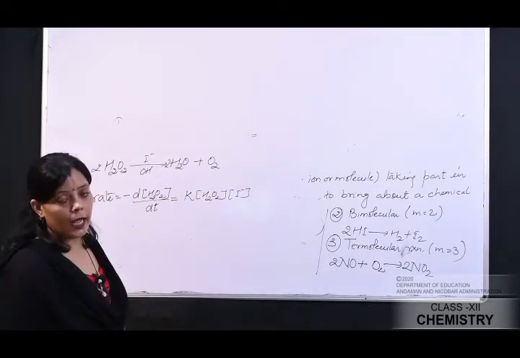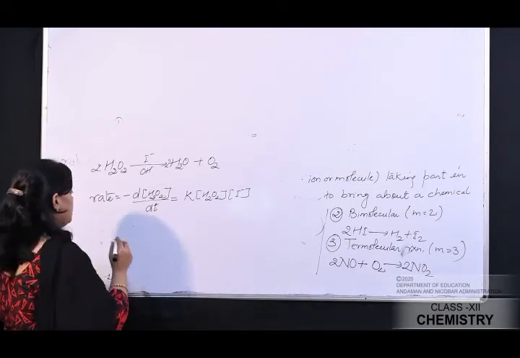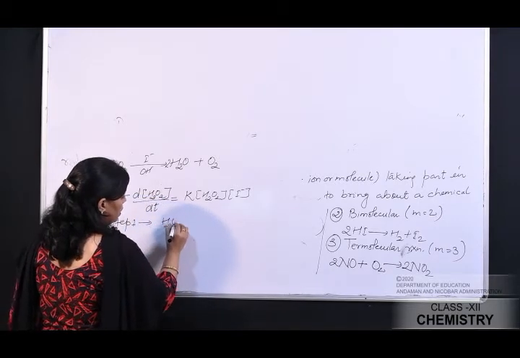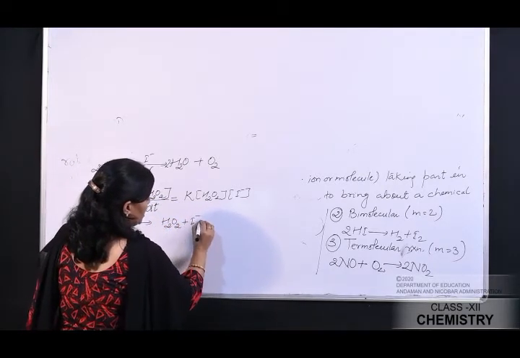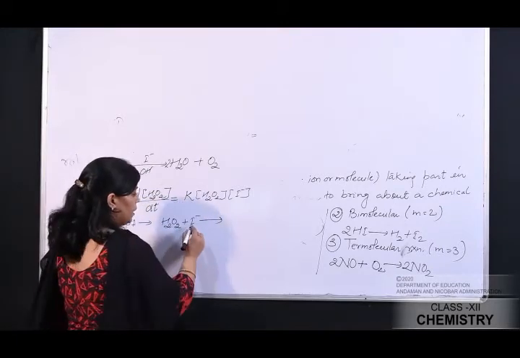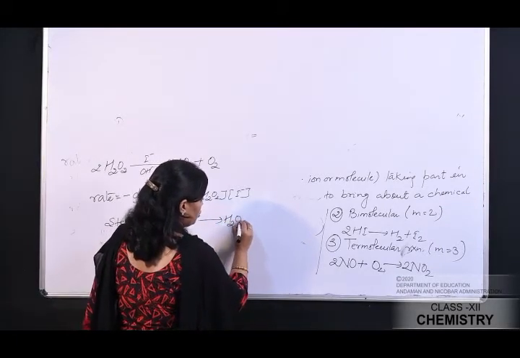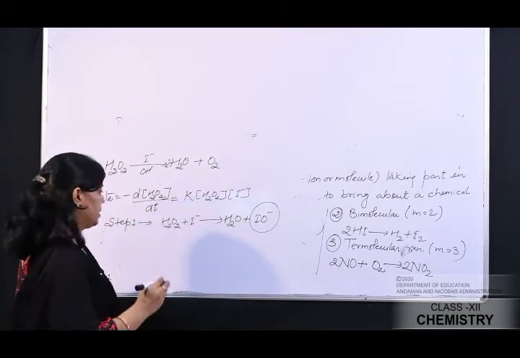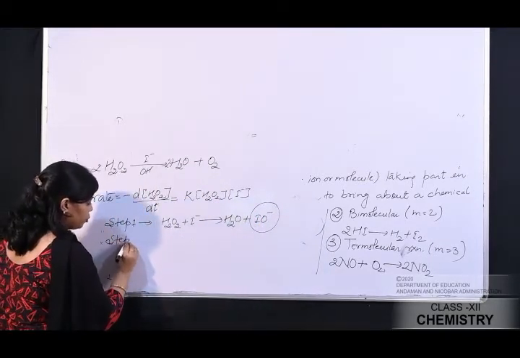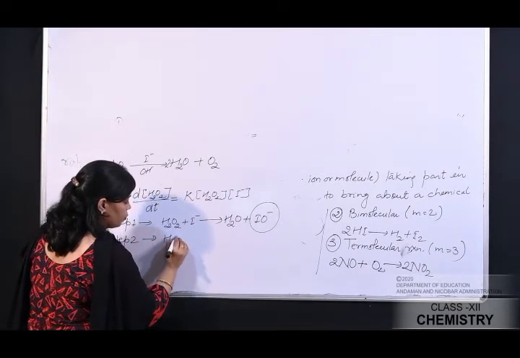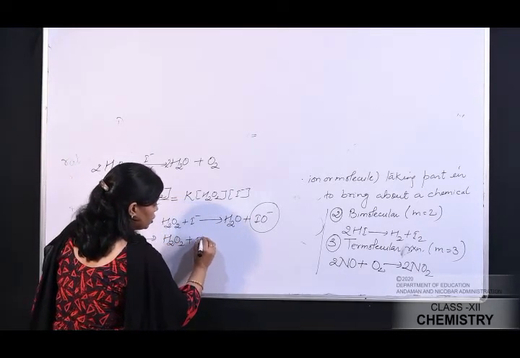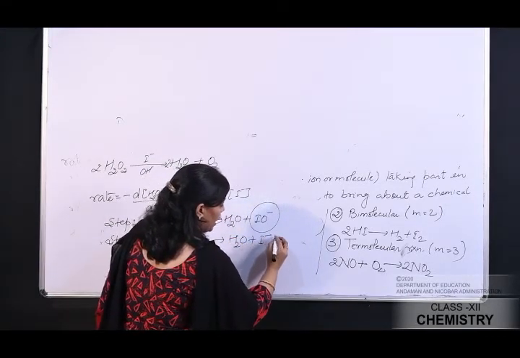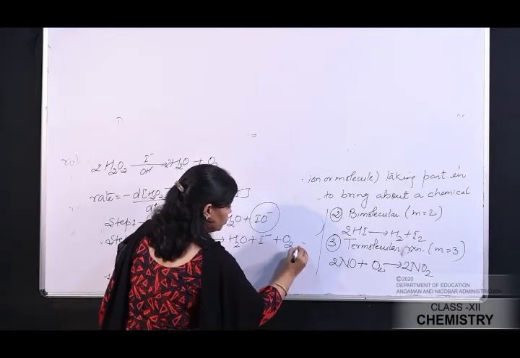The evidence suggests that this reaction is proceeding in 2 steps. The first is step 1. Step 1 involves the reaction of hydrogen peroxide with iodide anion, that is the catalyst, to give H2O plus IO negative. This IO negative is an intermediate, and it reacts in step 2 with another mole of hydrogen peroxide to give H2O plus iodide anion plus O2.